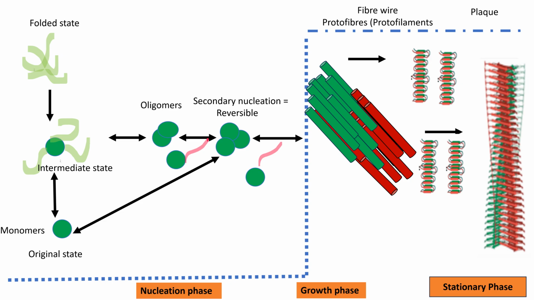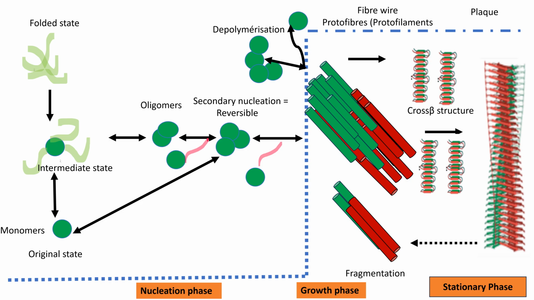Protein concentration: a high concentration favors nucleation and aggregation. The final phase is the stationary phase. Once the majority of monomers are integrated into the fibrils, the system reaches a dynamic equilibrium between soluble and aggregate forms.